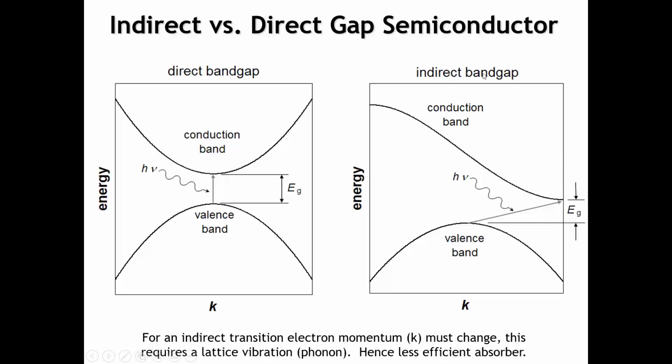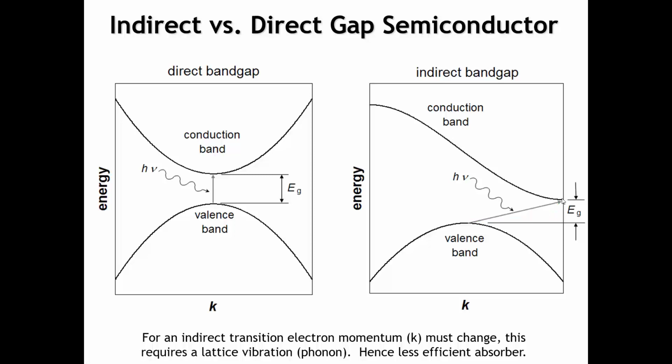In an indirect band gap semiconductor, the maximum of the valence band and the minimum of the conduction band are located at different K points. And because of that, for an electron to go from here to here, it needs the energy of the photon to be promoted, but it also needs to change its K vector.